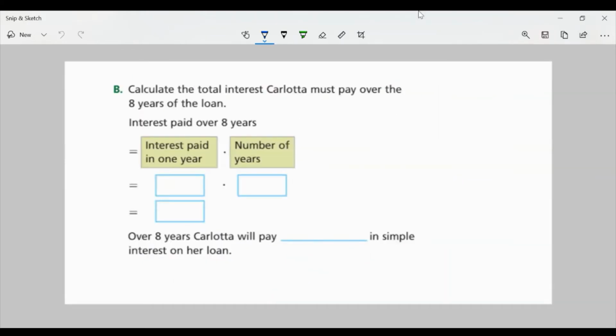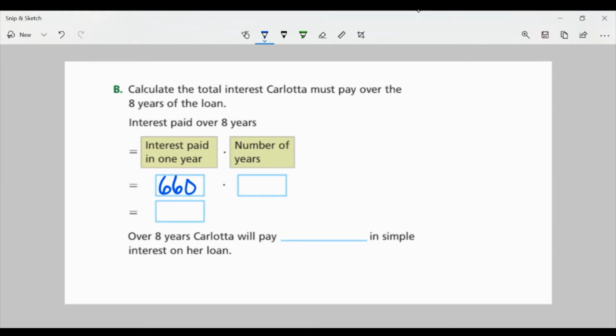So let's look at part B. Calculate the total interest Carlotta must pay over the 8 years of the loan. So the interest paid over 8 years would be how much we paid for 1 year, right? Which was part A, which was $660.